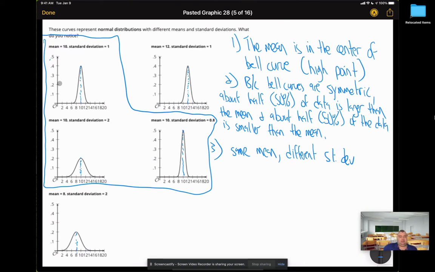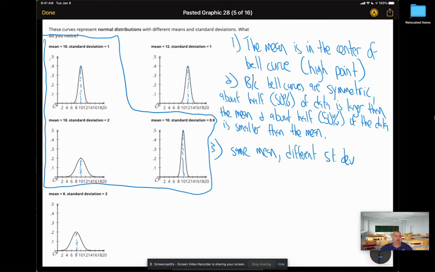You'll notice that because all three have a mean of 10, the center of the bell, the high point, is at 10 for all of them. So that does not change.